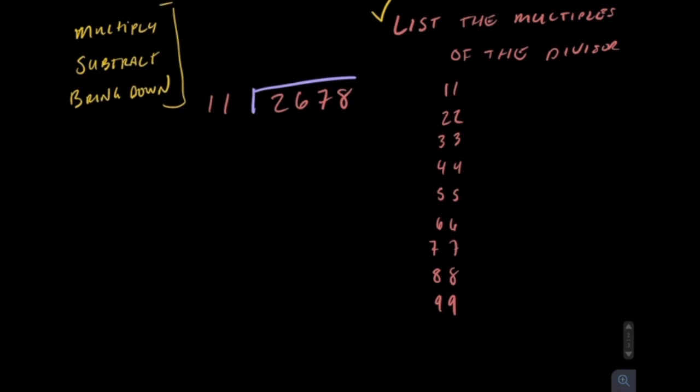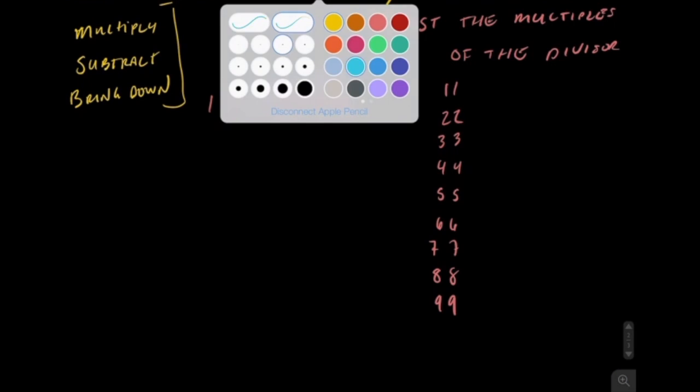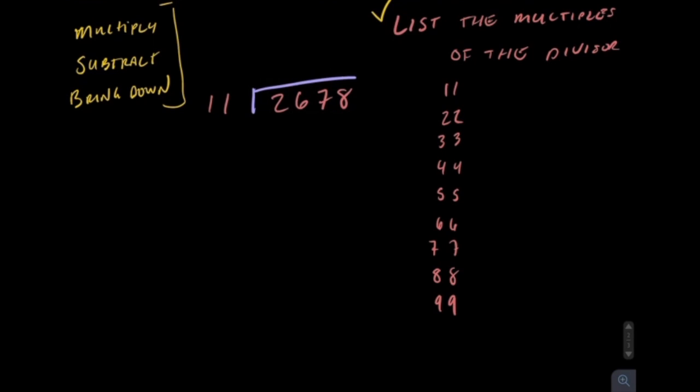Okay? So if they have listed their multiples, they start out with the first digit here. They know it's a big old nope. I can't do something times 11 to be less than 2. But with 26 here, the first multiple works, and the second multiple works.